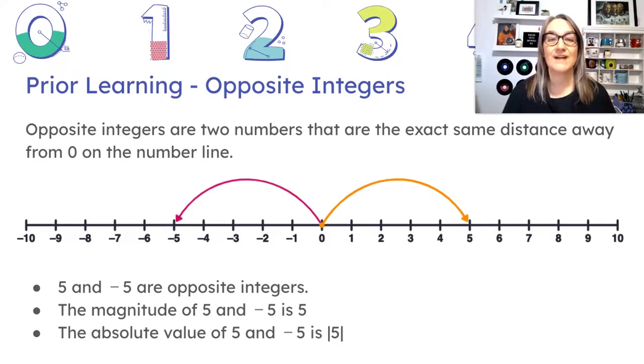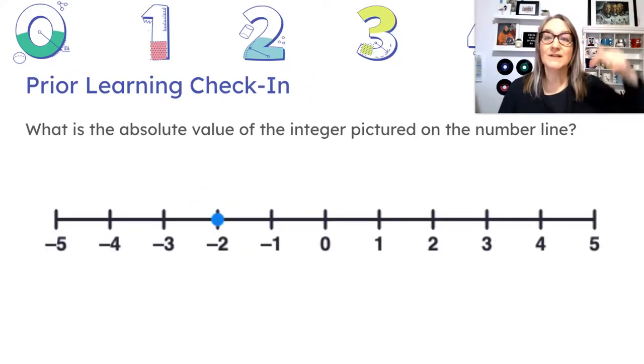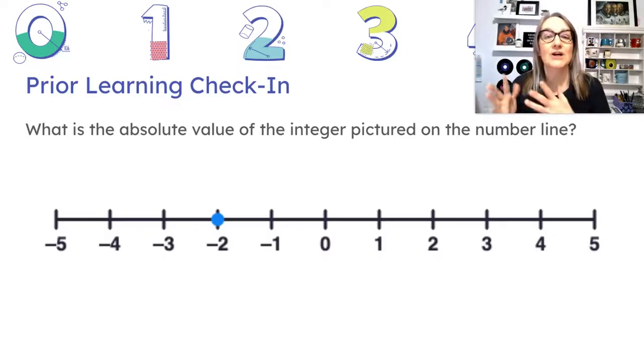Okay, here's another one for you to try on your own. What is the absolute value of the integer pictured on the number line below? Take a moment to think about it. Did you say 2? If you did, give yourself a big old pat on the back because you got it right.